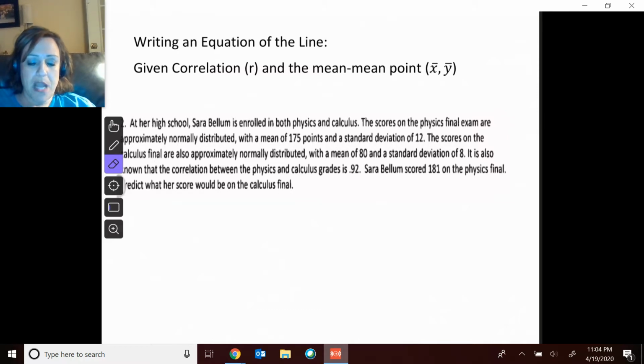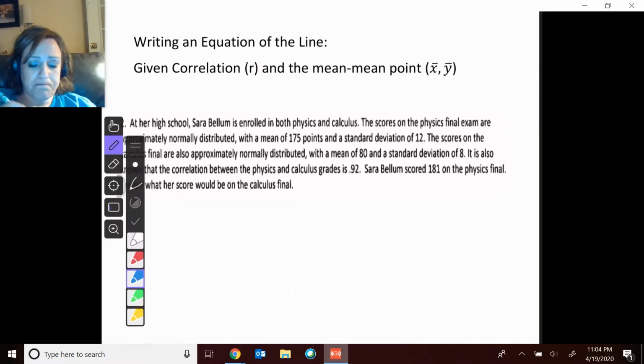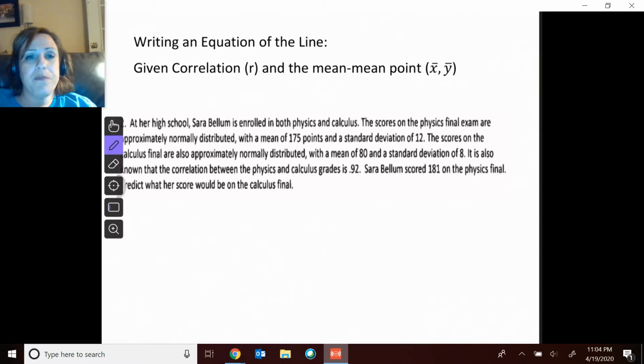Okay, here we go. Sarah Bellum is enrolled in both physics and calculus, and she has scores on the final exam that are approximately normally distributed with a mean of 175 and a standard deviation. So we've got the mean and the standard deviation for physics. Let me write down what kind of information we have here.